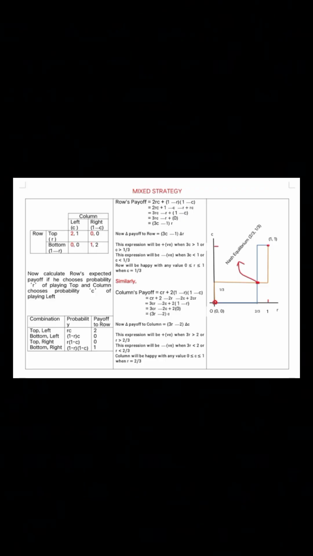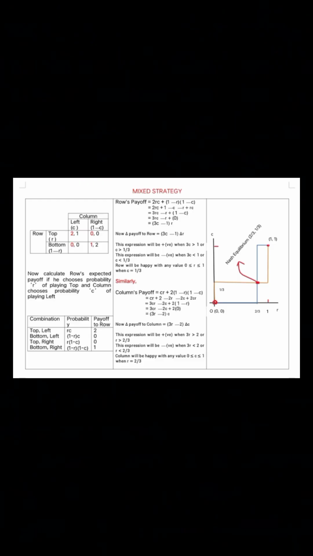Another point where the two best response curves intersect each other is 2 by 3 and 1 by 3, and this is the point where Nash equilibrium or Nash strategy happens.